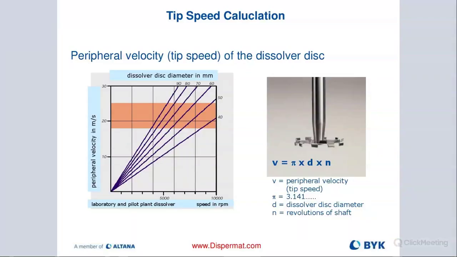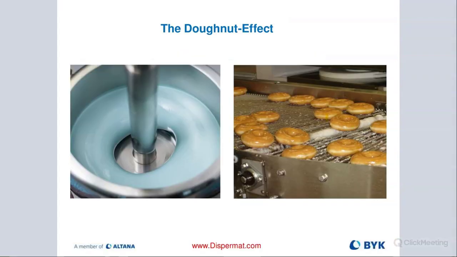There'll be a window that you can open up, and then you just type in or dial in the diameter of your dispersion blade that you'll be using, and then it automatically calculates it for you depending on the RPMs that you're running. So you don't have to do that anymore. But if you're using older dissolvers and you have to do it manually, then that would be the calculation to figure that out.